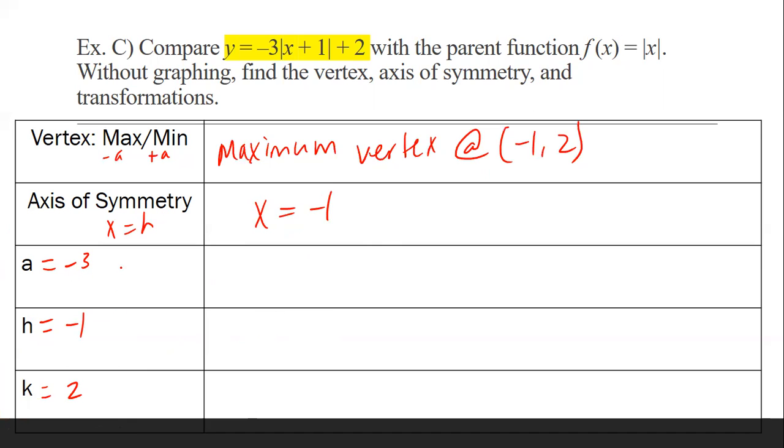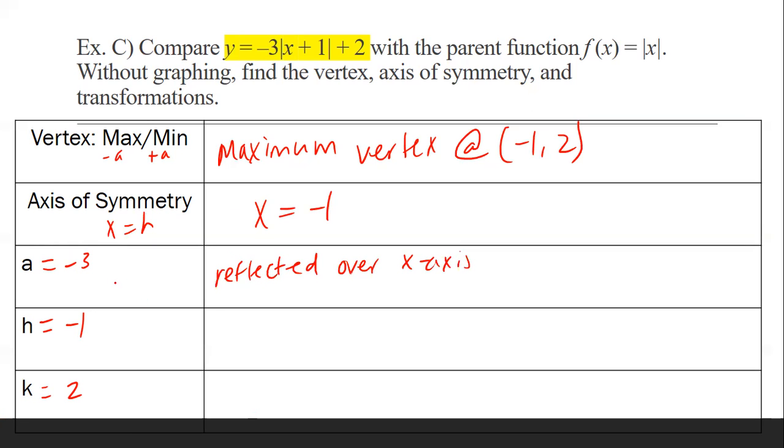All right. Our A tells us whether we have a stretch, compression, or reflection. So our A is negative. So what does that mean? It reflected. Yeah, it reflected. So we reflected over the x-axis.